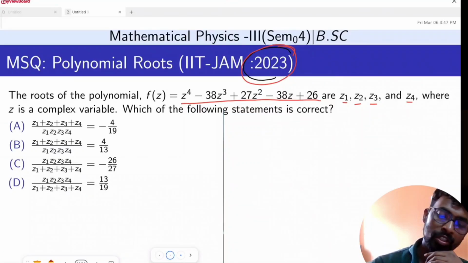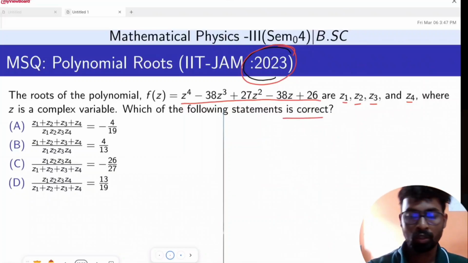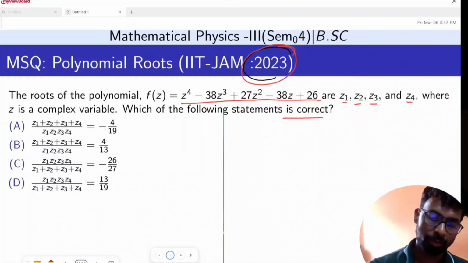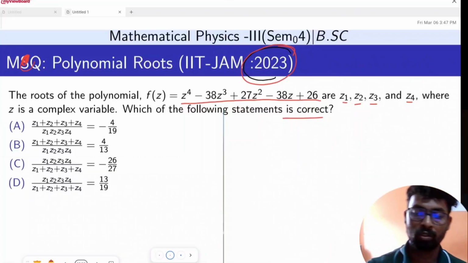Which of the following statements is correct? It's an MSQ question, not MCQ, sorry. This is a kind of statement.